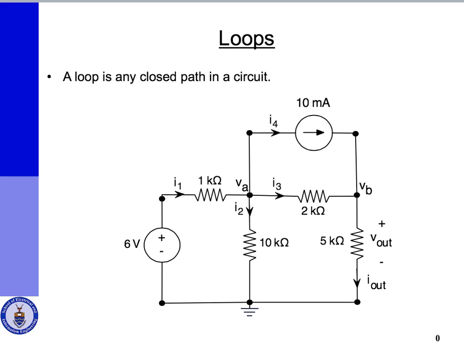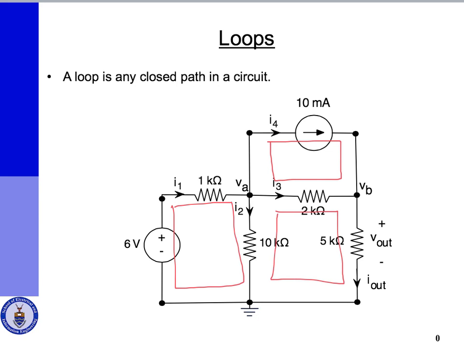A loop is any closed path inside a circuit. So let's look at this circuit again. This is a loop because it's a closed path within the circuit. This is a loop, and this is a loop.